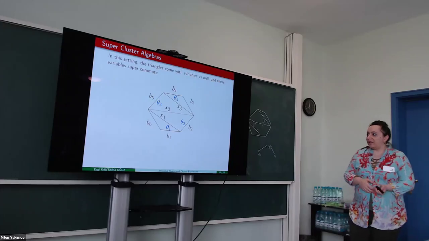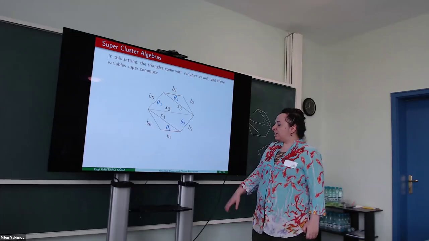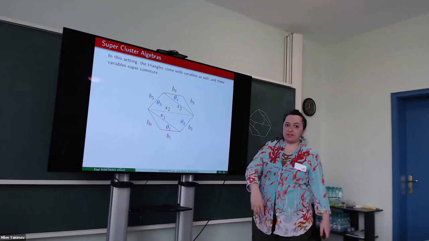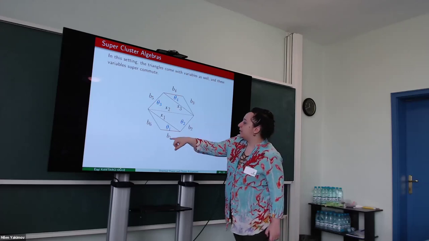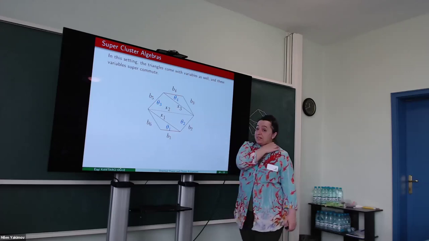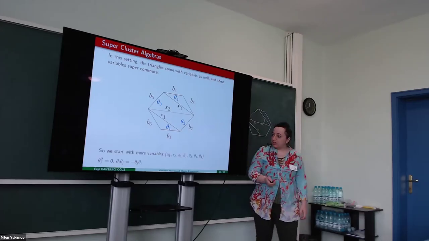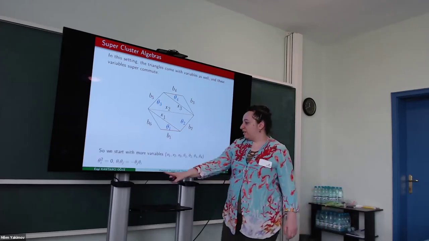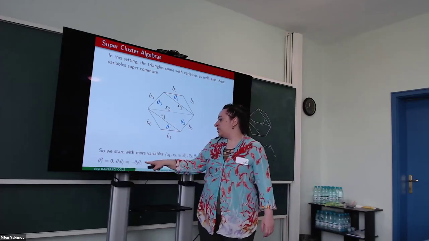So in this method, we have all the structure we had before, but we have some extras. Each triangle also has its own variable. And these are no longer commutative, they supercommute. So you have theta i theta j equals minus theta j theta i.